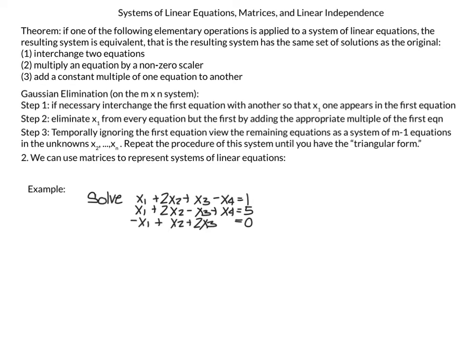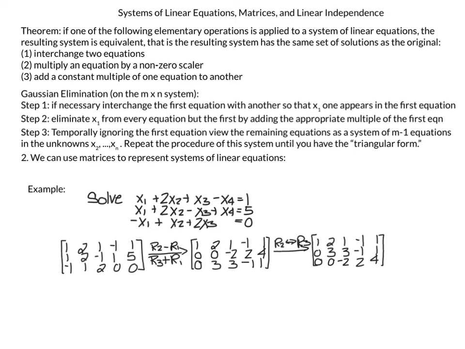We will do one more example. We have the system of linear equations: x1 plus 2x2 plus x3 minus x4 equals 1. x1 plus 2x2 minus x3 plus x4 equals 5. And minus x1 plus x2 plus 2x3 equals 0. So I write my augmented matrix.